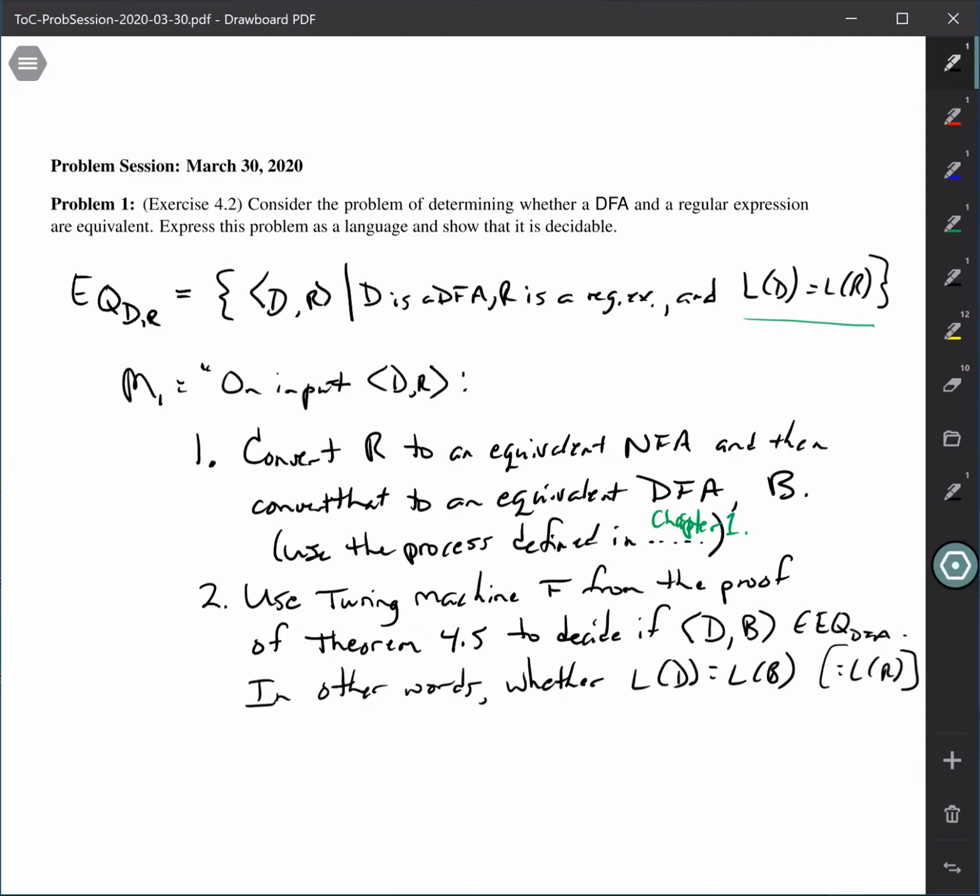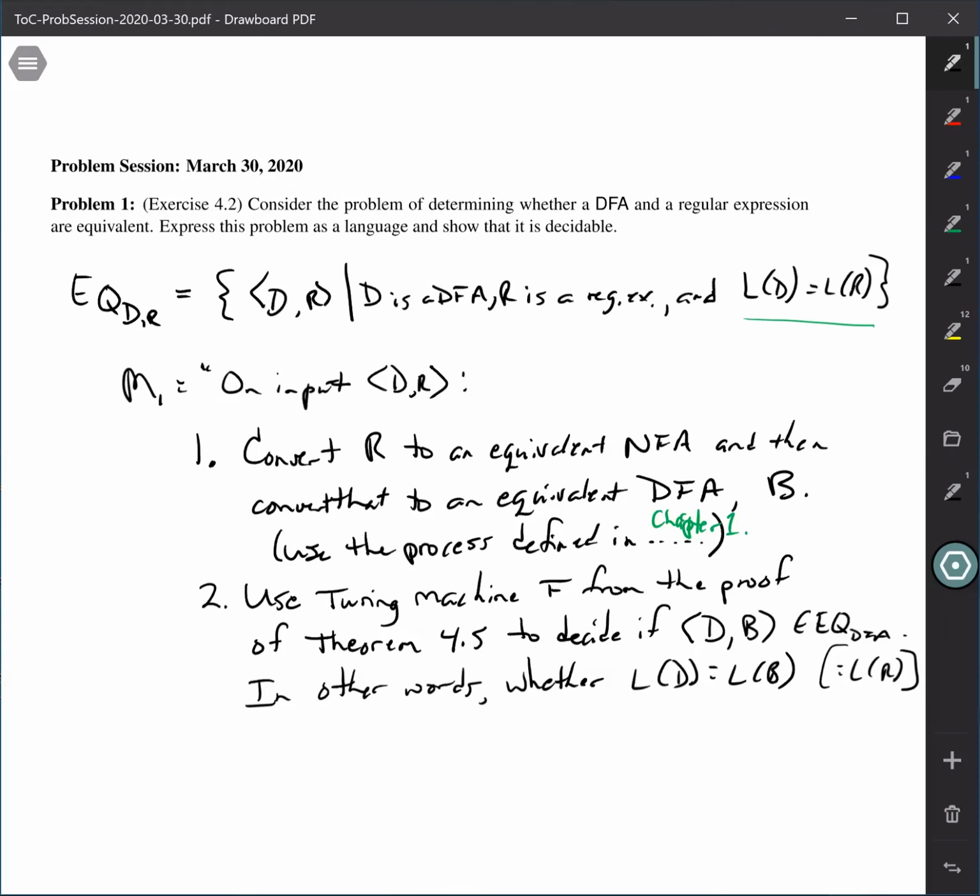So I'm going to write out the second step like this. I am writing a little bit more detail here, an explanation of why we're doing this, than the textbook does in their descriptions. In other words, they might have just said, use Turing machine F from the proof of theorem 4.5 to decide if DB is in EQ sub DFA without explaining why.